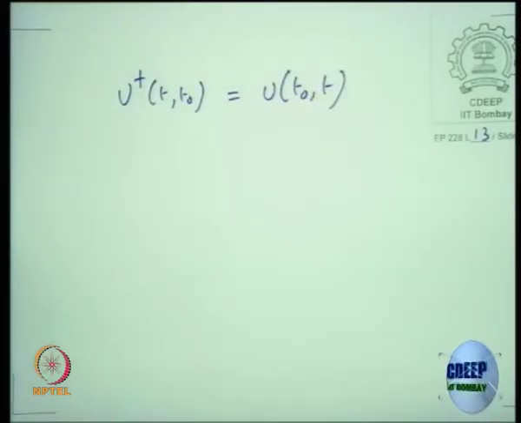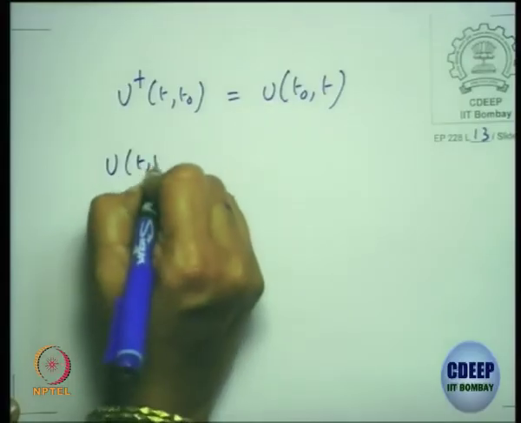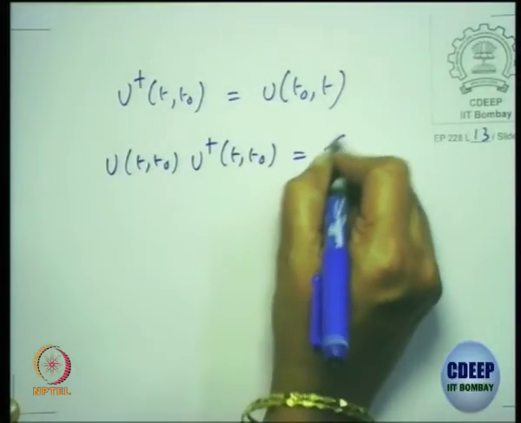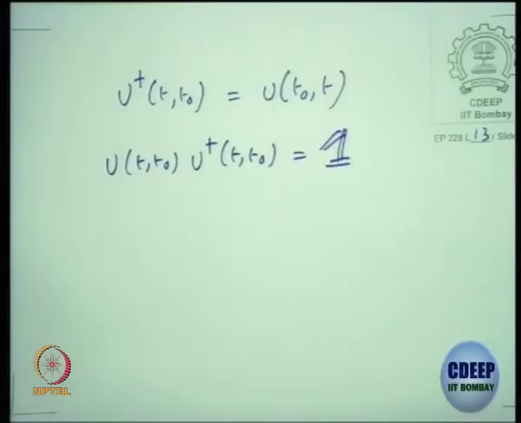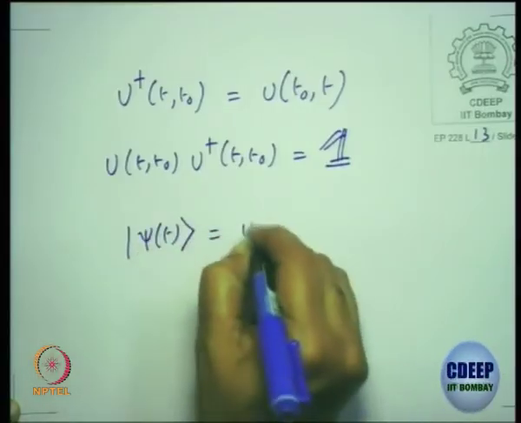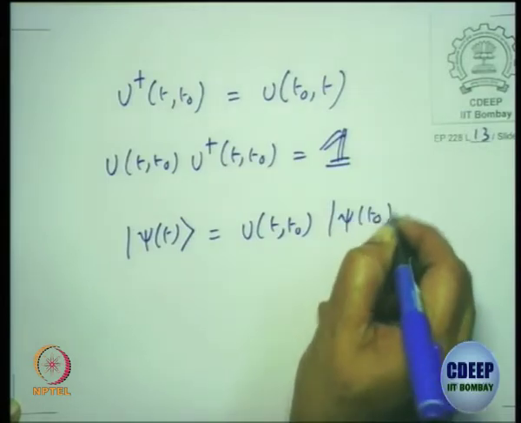All agree? This is one property, and you can also show U(t, t0) U dagger(t, t0) is identity. So, you can write psi of t as U(t, t0) psi of t0.